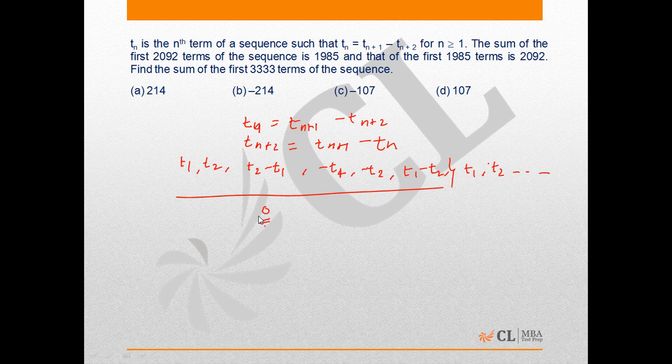And if we see here, it is given that sum of 2092 terms is 1985. So first of all we need to find remainder when 2092 is divided by 6, because all multiples of 6 in this sequence will give a sum of 0.